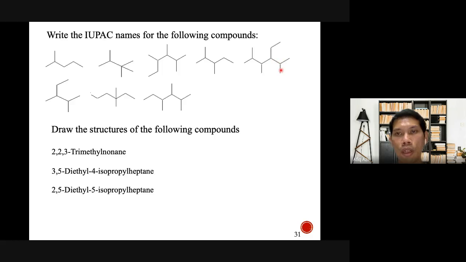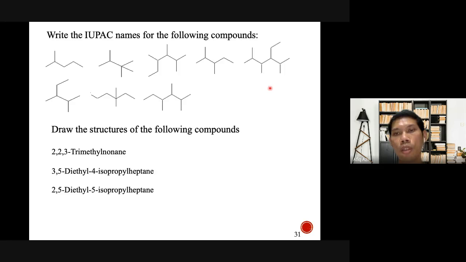So for the name, following alphabetical order between ethyl and methyl, E should come first. So it should be written as 3-ethyl, and then you have to put another dash with the numbers of the other 3 substituents as well, which are at carbon number 2, carbon number 4, and carbon number 5.